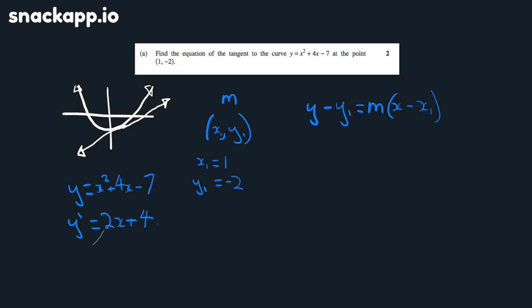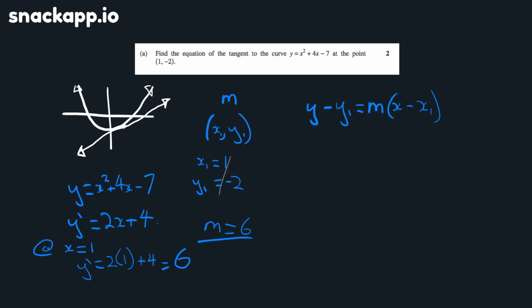So 2x plus 4. But then we need to look at it at this specific point that we're talking about, 1, -2. So we just substitute in. So at x equals 1, y dash is equal to 2(1) plus 4, which is just going to be 2 plus 4, 6. So we can say then that n, or the gradient, is equal to 6, right?